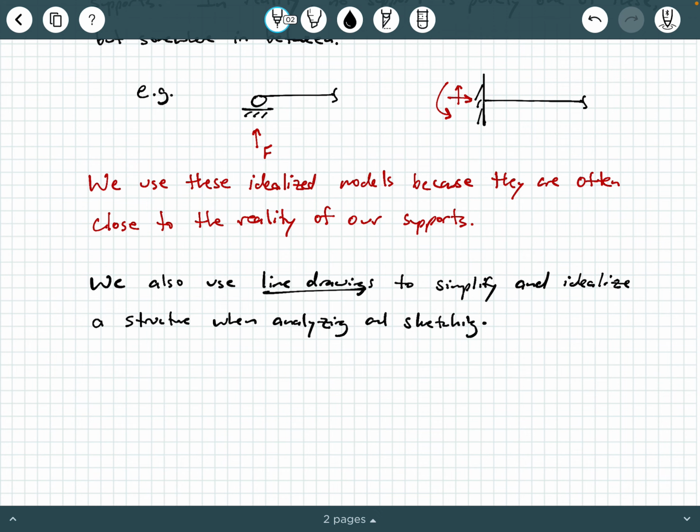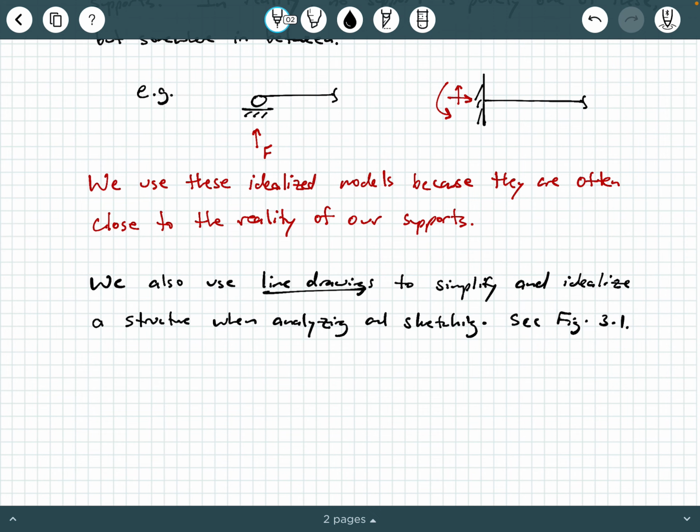Okay, so you want to take a look at figure 3.1 in the text. So again, instead of drawing maybe all of the details and the thicknesses of our structural members, we might often just draw them as single line segments for idealization and quick sketches.